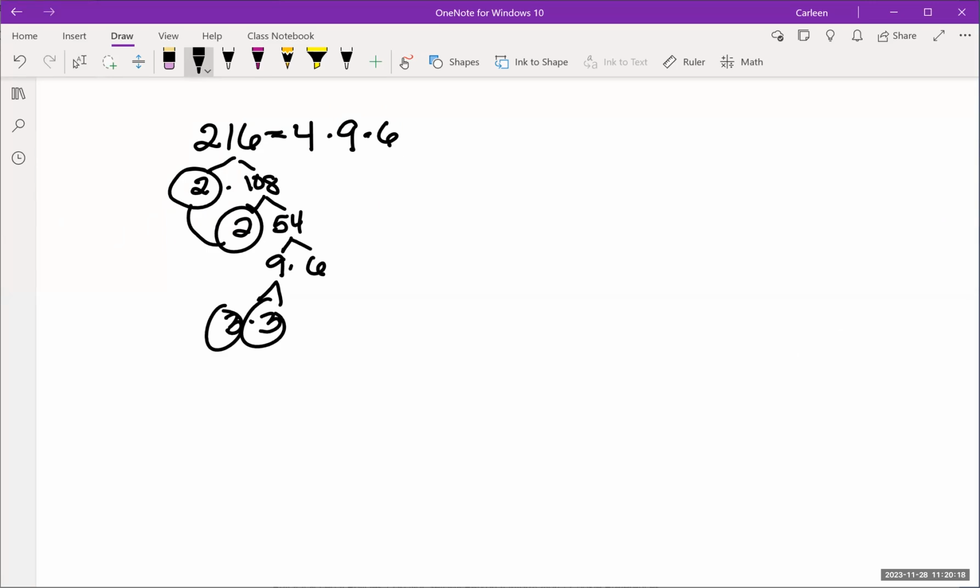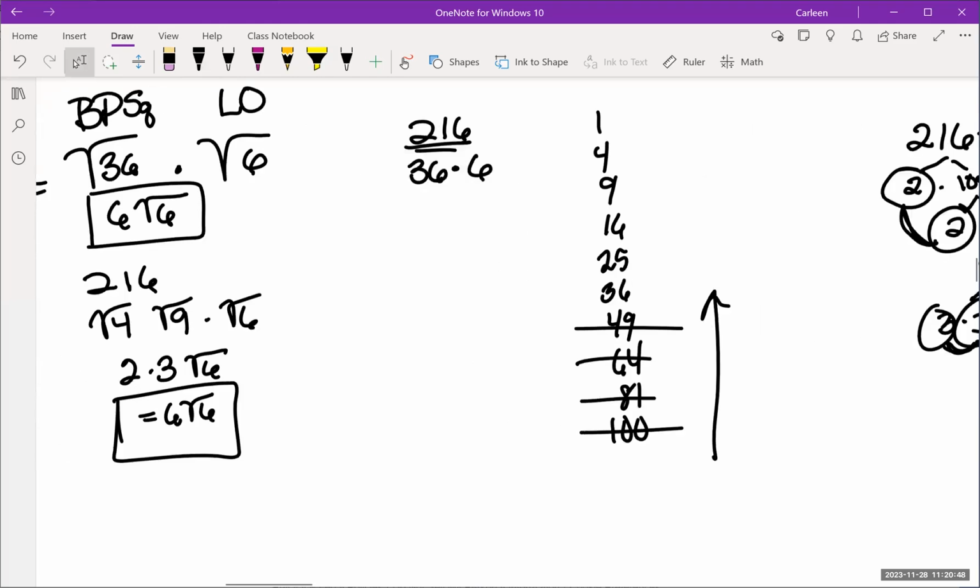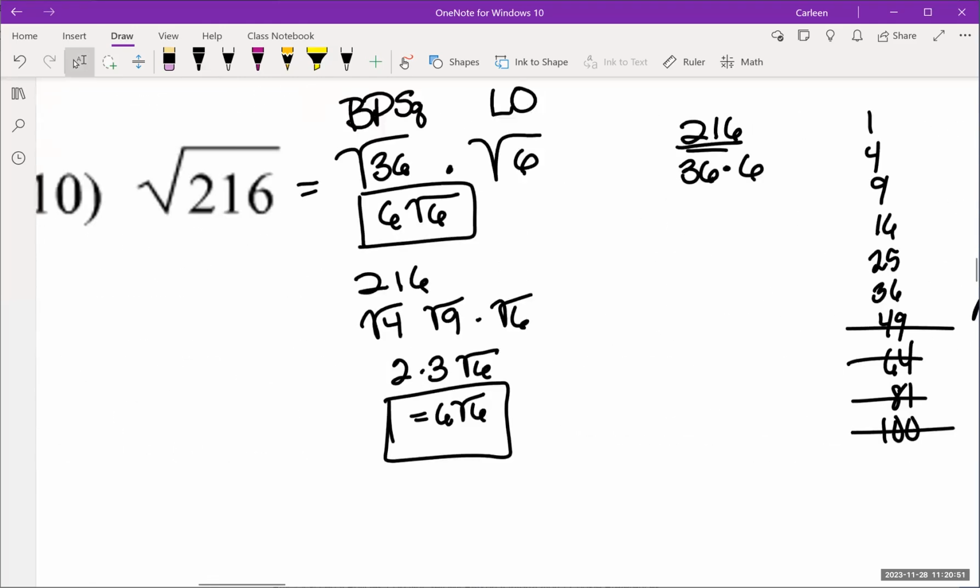So I took a shortcut. And then 6 is 3 times 2. So the perfect squares, I could put these two together. I could put these two together. And then these are the leftovers. So some people like this method. I think this method's confusing. I like this one. I would say do this one.